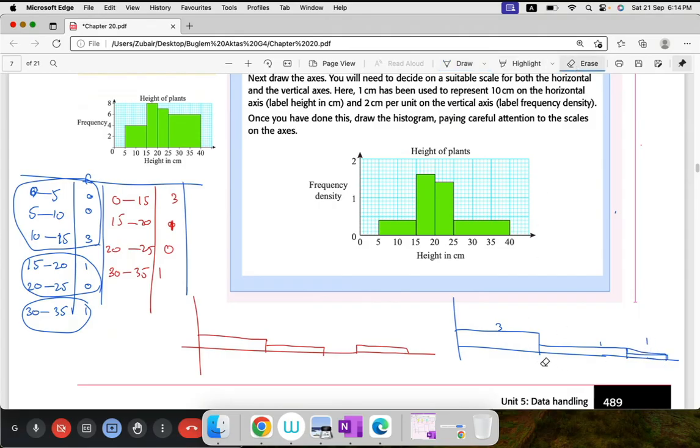But this again is not the actual representation, because we knew this was 0, this was 0, this alone was 3. So then we do frequency divided by class width to get the correct area of the bar, because area would incorporate both height and width. Frequency is the height. Frequency divided by class width gives us the frequency density.